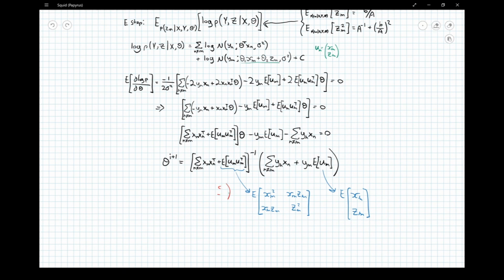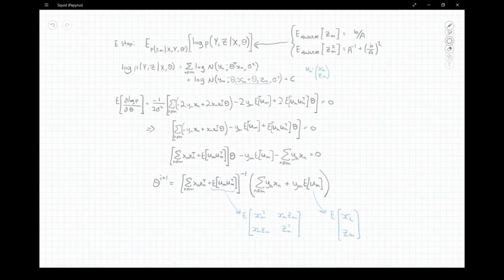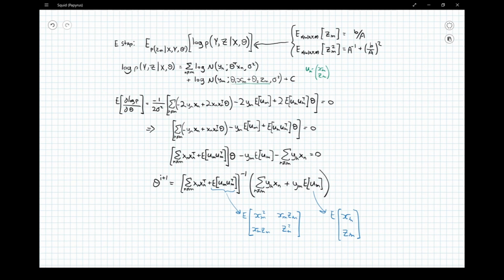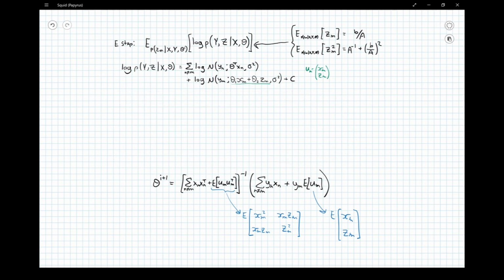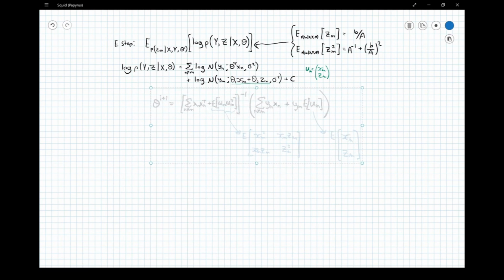Okay, so that is about it. We've written down our E step here. Then we can delete all that stuff. And then that is our M step.